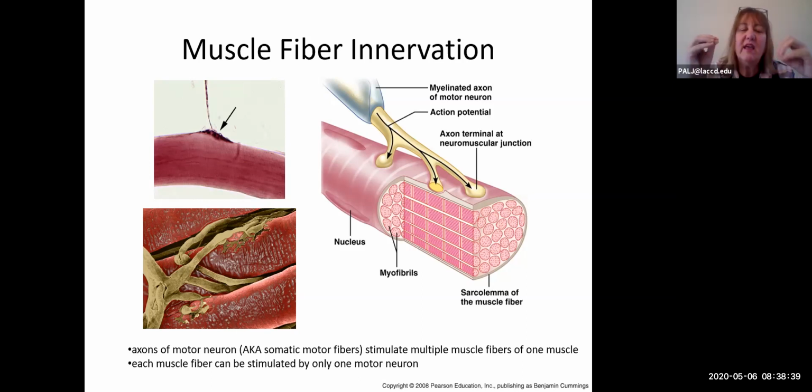And so each motor neuron is capable of stimulating multiple cells within the same named muscle. Okay, so even if there's two muscles, like the 4 quadriceps muscles all right next to each other, it's only going to be innervating one muscle. Okay. And each cell in that muscle can receive input from more than one motor neuron.